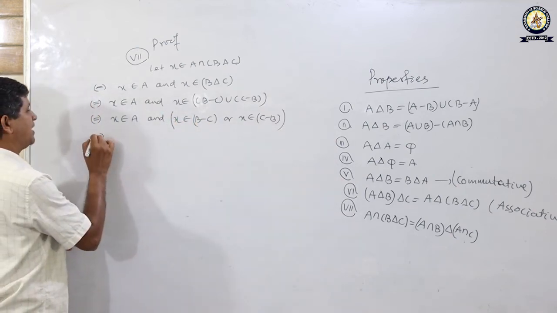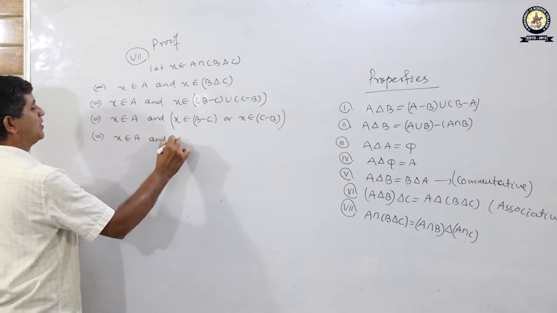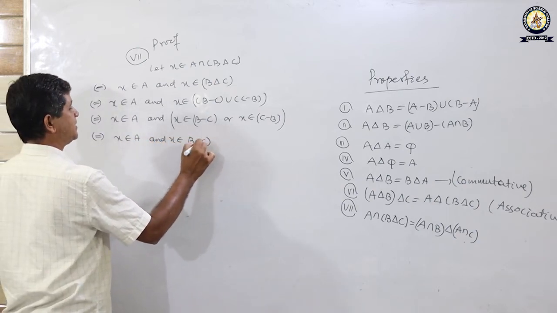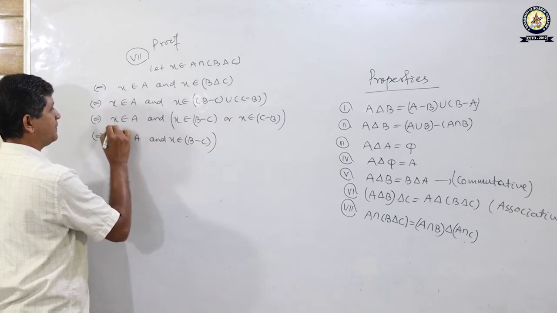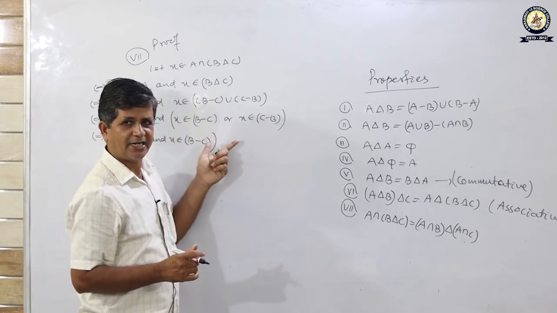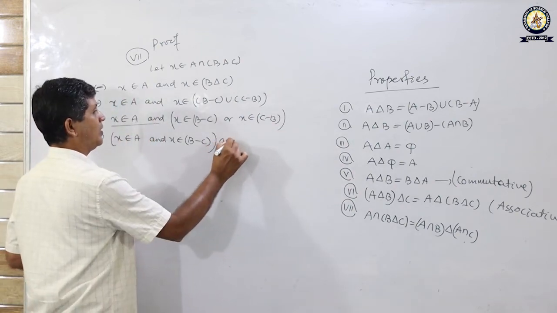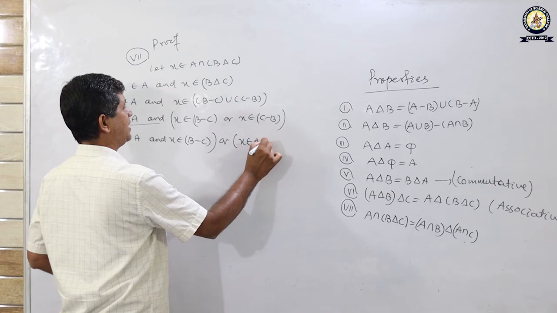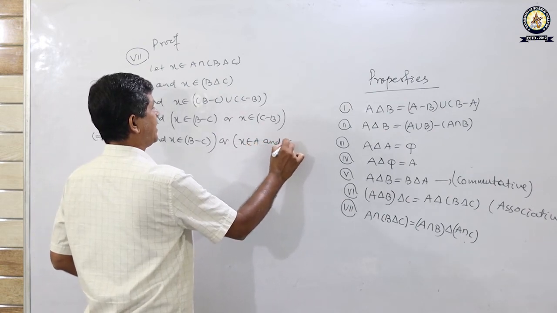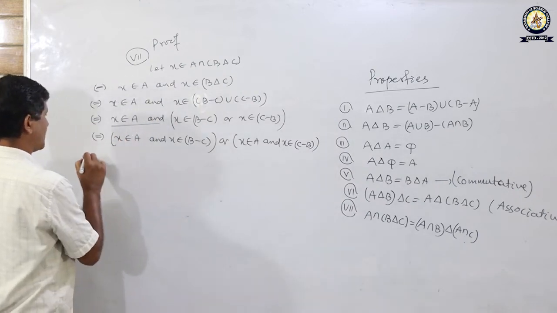X belongs to A and will be first with B difference C and the next with C difference B.